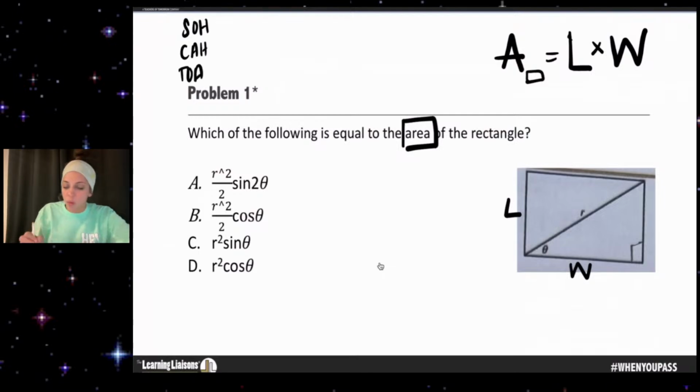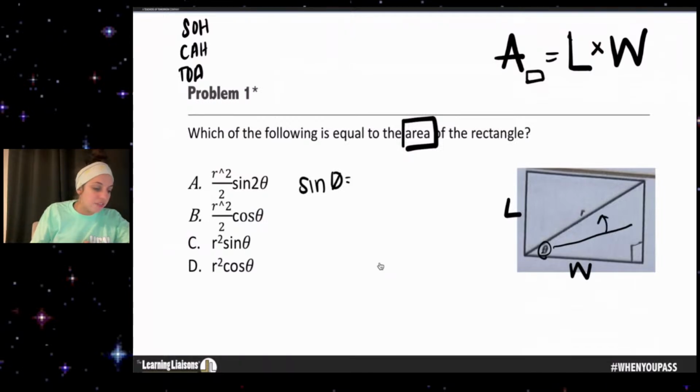So I know that sine of theta is opposite over hypotenuse. So sine of theta is opposite, which is my length, over hypotenuse, which is my r.